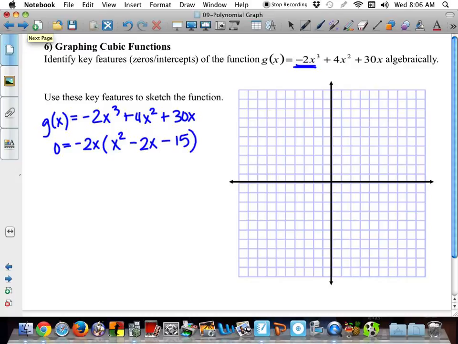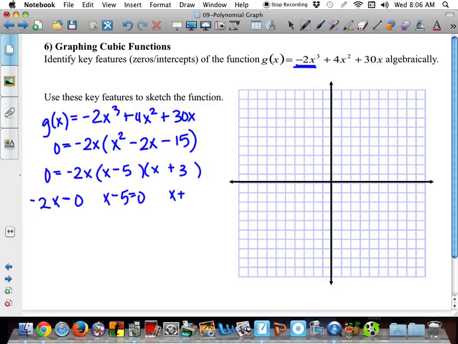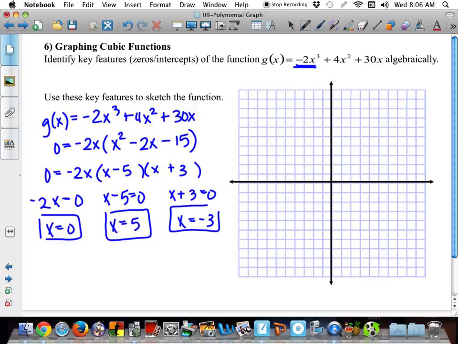And then we're going to keep factoring. So factors of 15 that add to -2, it looks like it's going to be -5 and a positive 3. Set each factor equal to 0. So x equals 0, x equals 5, and x equals -3.